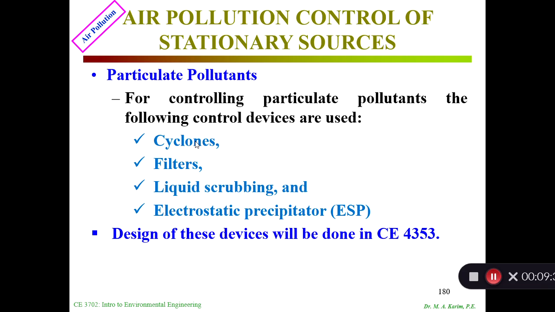We'll go into more detail on these four control devices, their design and everything, in CE 4353. I also do a little bit of some of those in CE 4343, solid waste engineering. And 4353 is the air pollution control course.